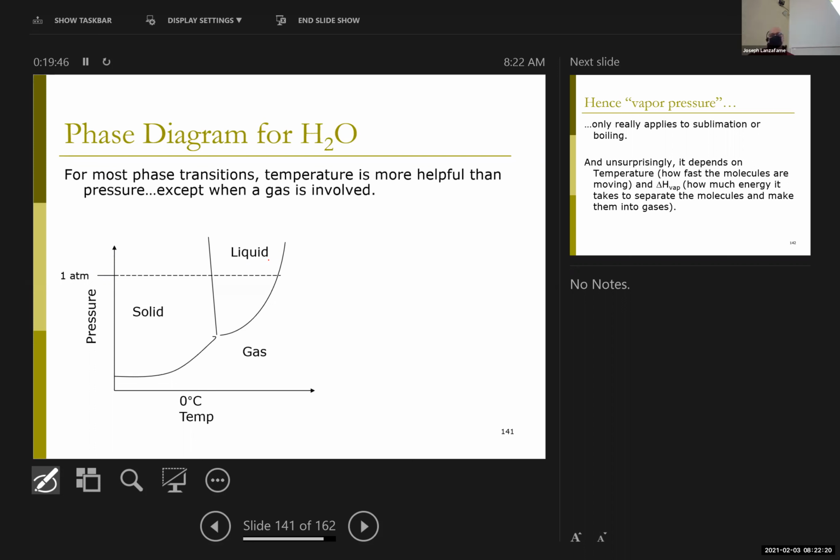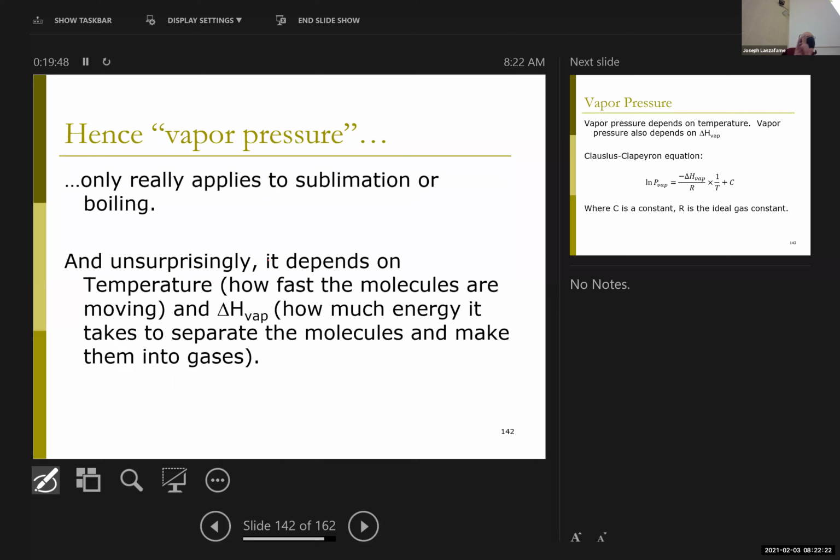And the reason goes back to what we were talking about also on Wednesday. Boiling, which is my liquid-vapor phase change, vaporization, is specifically defined as the vapor pressure being equal to the atmospheric pressure.